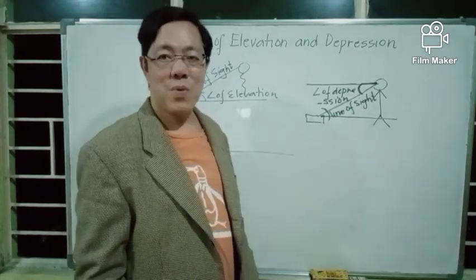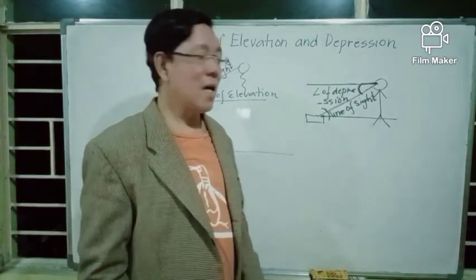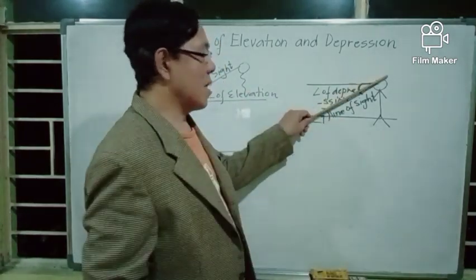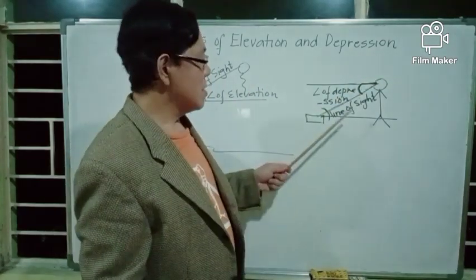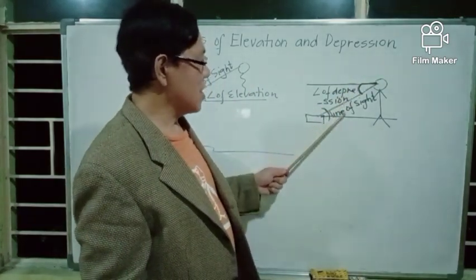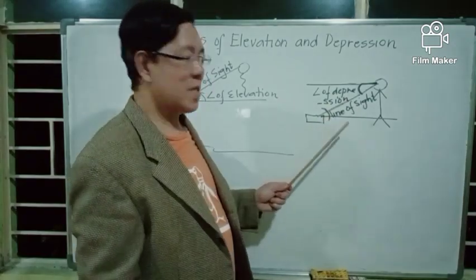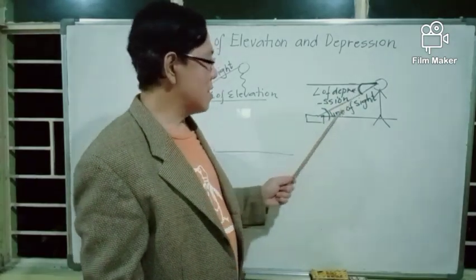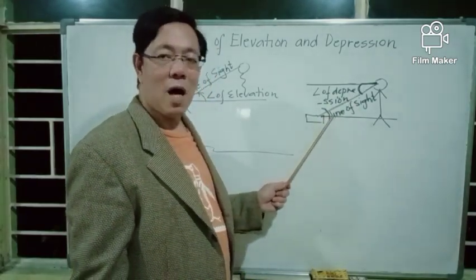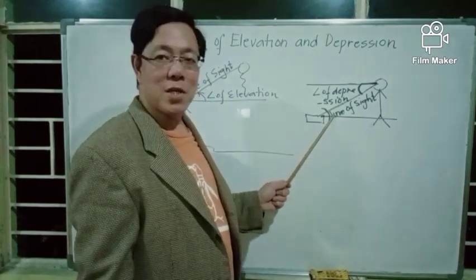And that's one of the properties of parallel lines that are cut by a transversal. The alternate interior angles are congruent. This angle and this angle are alternate interior angles.